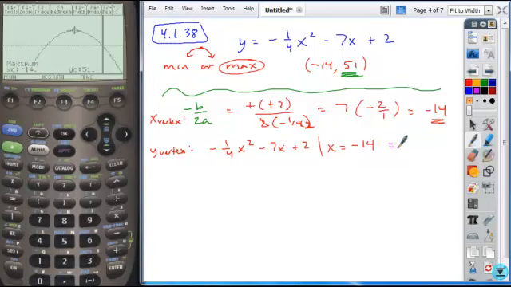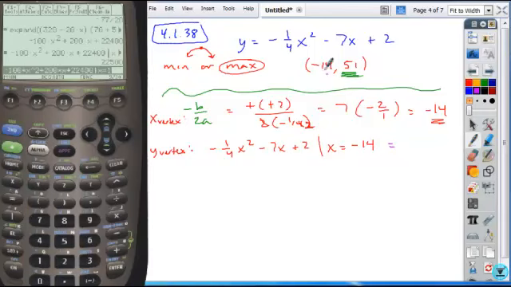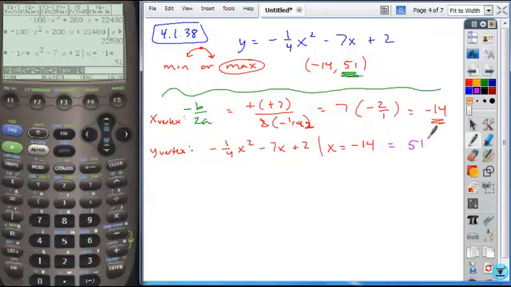So if I go back to my home screen, enter my equation exactly as it appears, -1/4, or actually I have this in my y editor right now, but if I didn't put it in the editor, you could enter it on your calculator, use the with key, and say x is equal to negative 14, and this is going to give you your corresponding y value, which is 51. Okay, so those are the two kind of options you have for solving those types of problems.